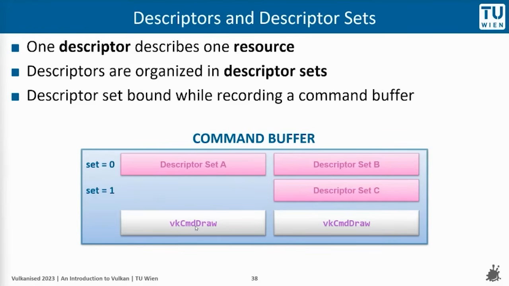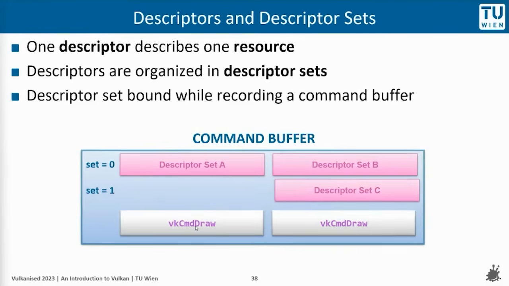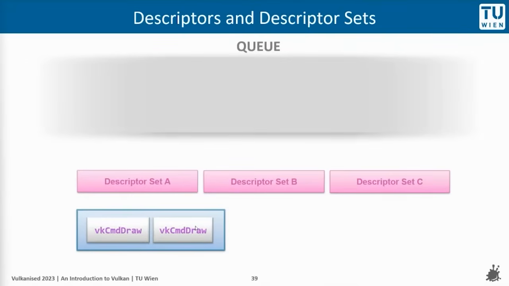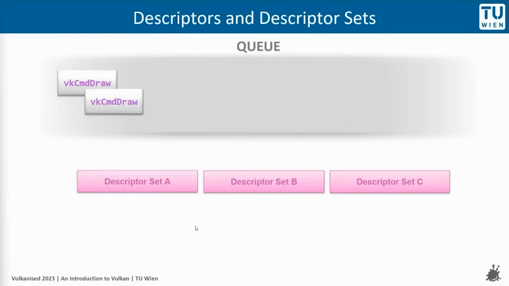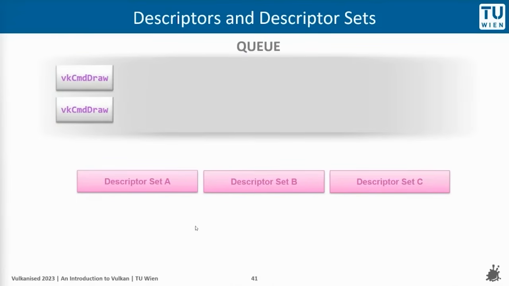And then we take this command buffer and submit it to a queue on the device in order for the commands to be executed by our device. So the device unpacks the commands, schedules them for execution, and remembers which descriptors have been bound before recording every draw call, or every command more generally. So the API or the driver remembers which descriptors have been bound before the first draw call.